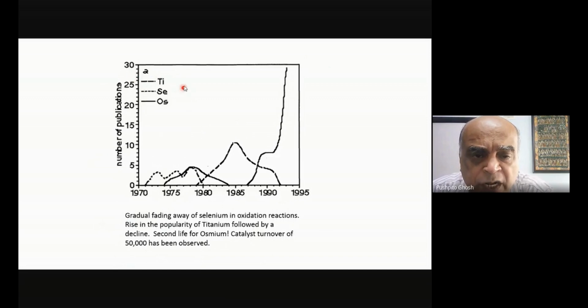But after Sharpless invented his allylic alcohol-based epoxidation, quite a bit of the interest shifted to this, at least in terms of publication. And then, the work on osmium tetroxide was very important after the work of Upjohn. And then the work on titanium-based epoxidation became very important.